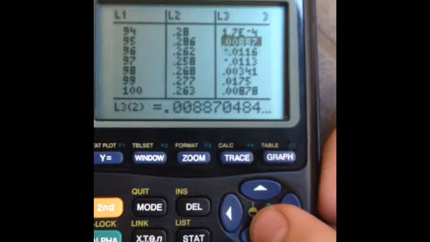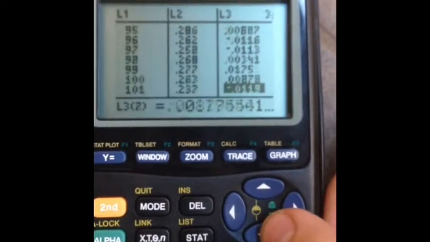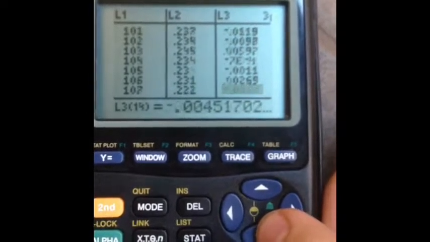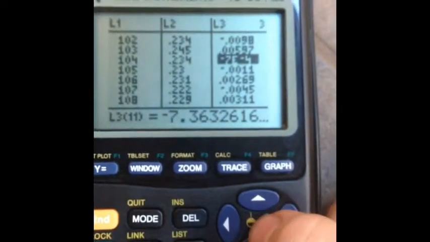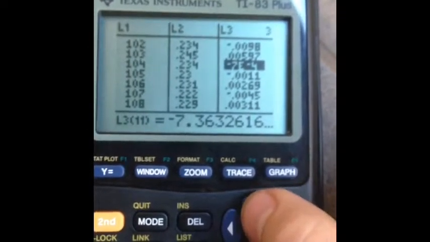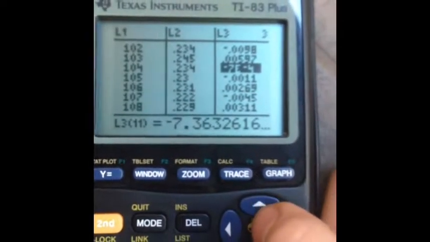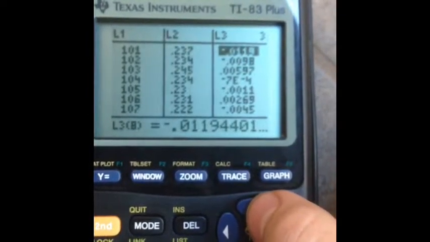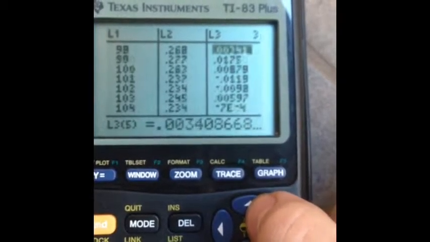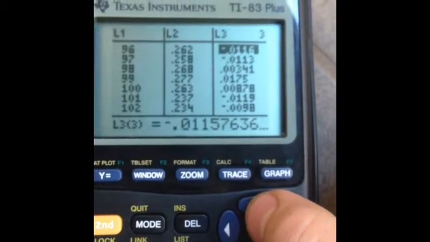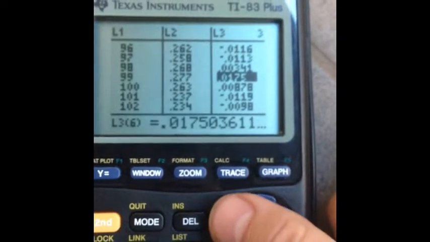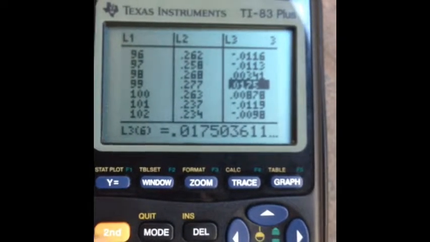You try finding the strongest residual out of all of these, and it seems that it would be -7, but it actually isn't. That would be -7 times 10 to the -4, so that's not the strongest, that's the weakest. So it seems the strongest would be 0.17.